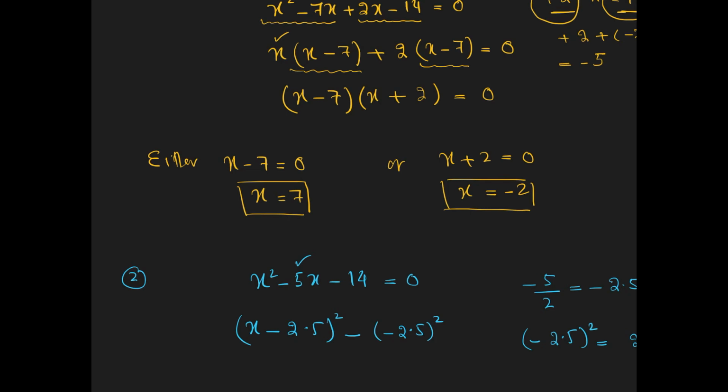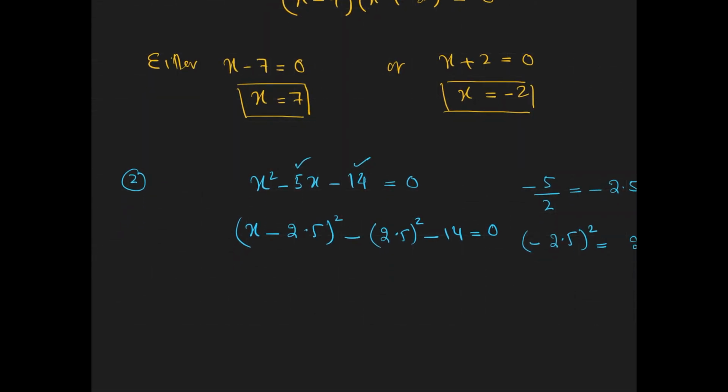So, here you can simply write it down, subtracting 2.5 square from the bracket, and don't forget about this term. So, minus 14 is equal to 0. I believe that you are familiar with how to convert a given quadratic equation into completed square form. If not, I will explain it in another video.